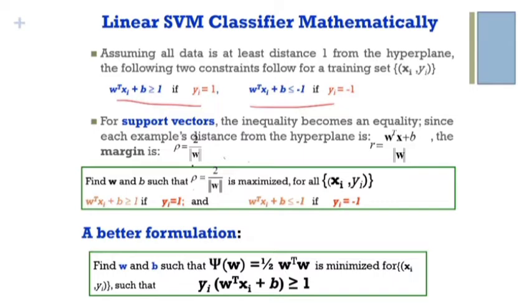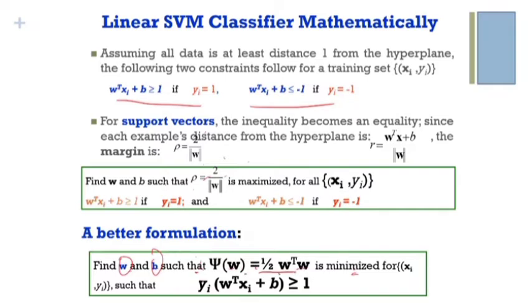One unique thing with the support vector machine is that it has a very deep mathematical background. For the support vector, the problem can be better formulated as a minimization. You are trying to solve this problem: find W and B such that this is minimized.